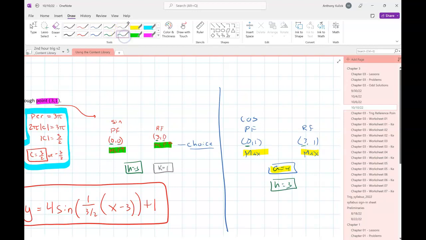But here's the tricky part. Notice the y in my parent function is not 0. So I have to do a times y from the parent function plus k equal to the y from the resultant function.